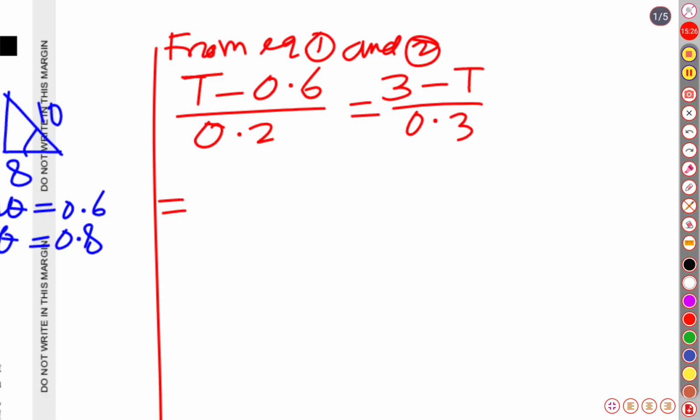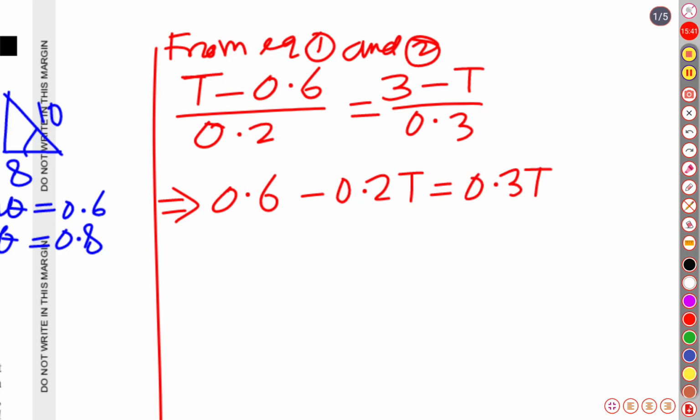So if we do cross multiplication, it is going to be 0.6 minus 0.2t equal to 0.3t, then minus 0.18.